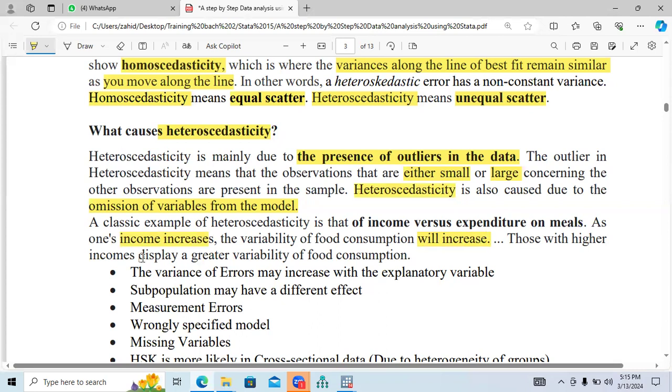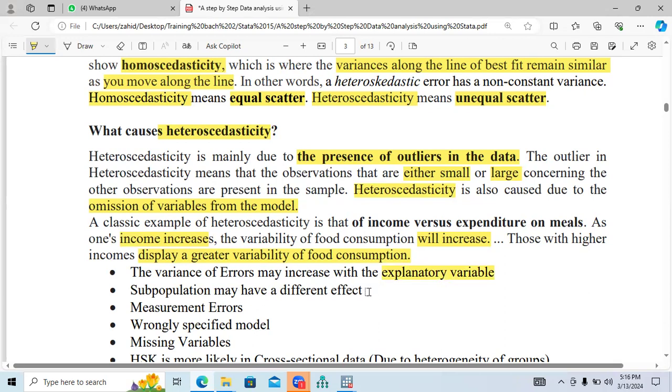Those with higher income display greater variability of food consumption. Some may consume less food, either their income is increased or decreased. Some may take more junk foods. So the variance of error may increase with explanatory variables, meaning independent variables.